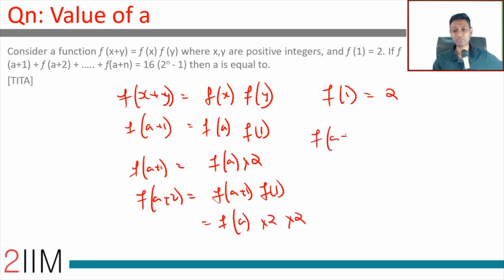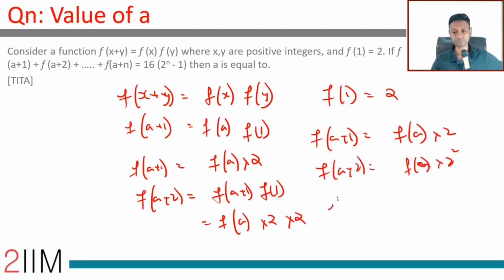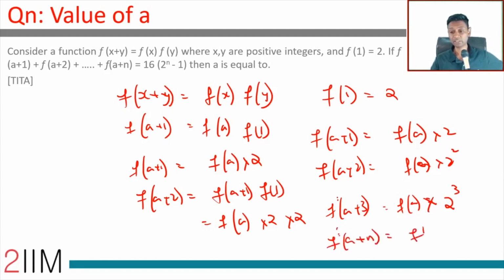We've got this. F of a plus 1 is f of a into 2. F of a plus 2 is f of a into 2 square. F of a plus 3 is f of a into 2 cube. F of a plus n is f of a into 2 power n.